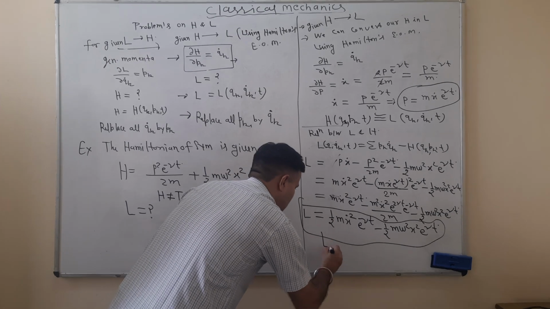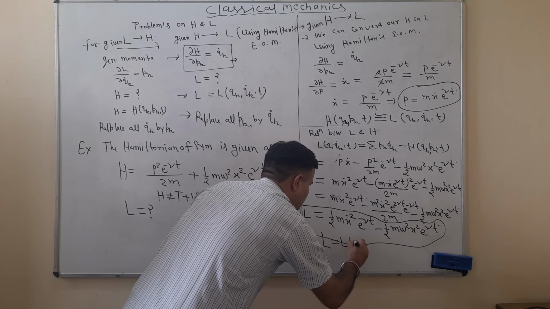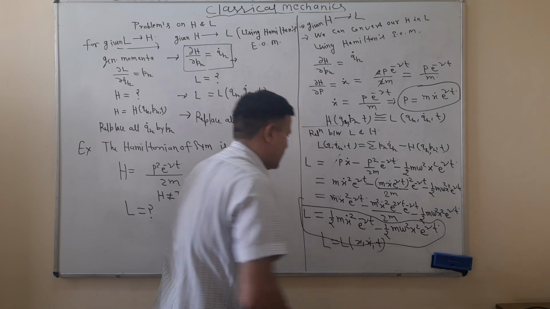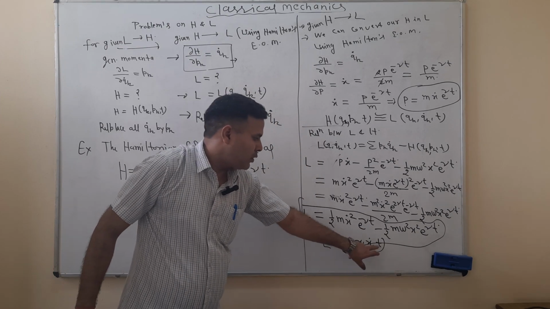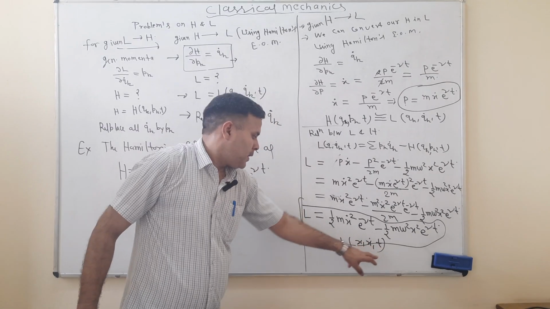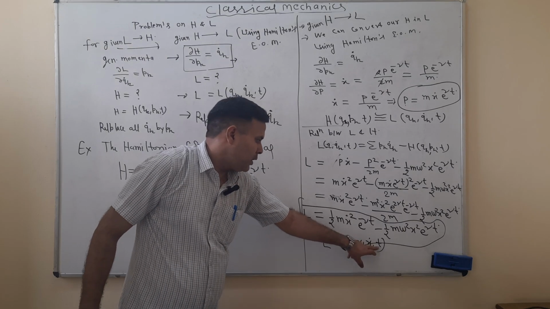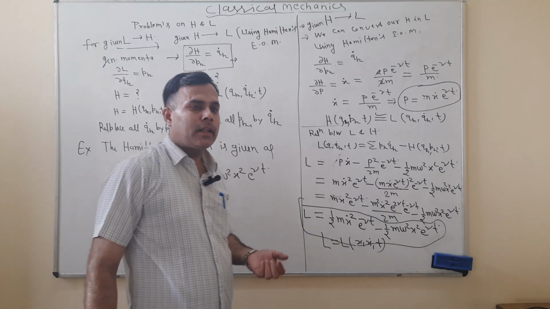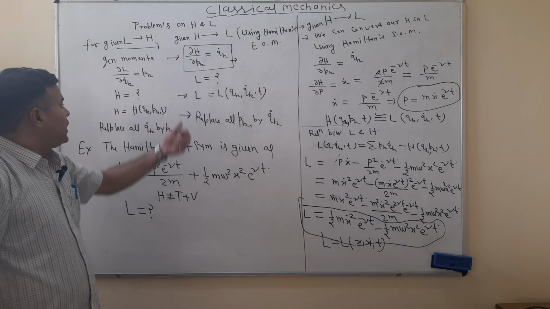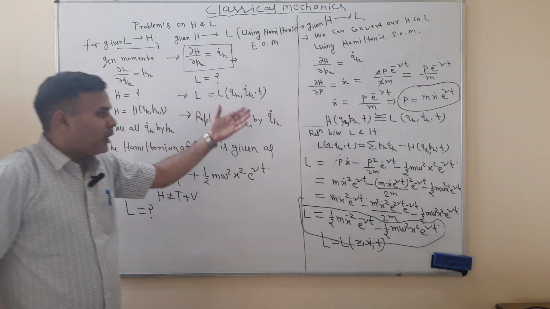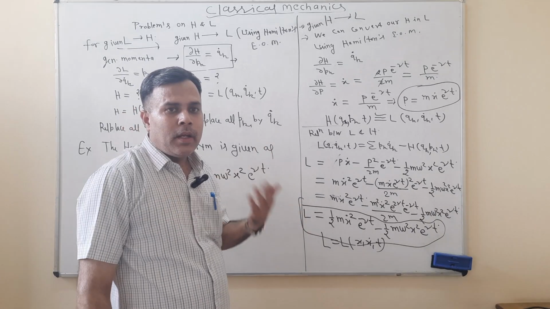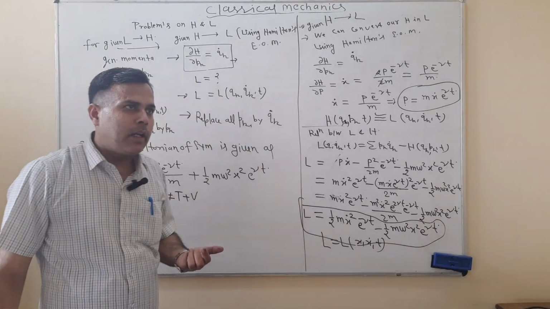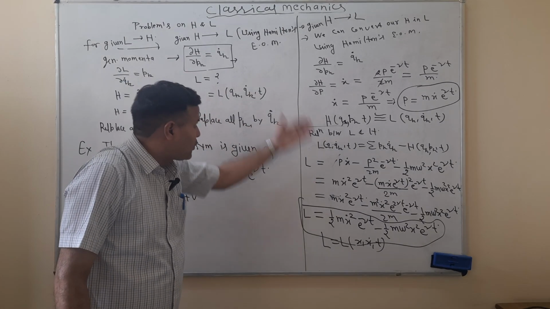So with this we can conclude our L is only a function of ẋ, x and t: generalized coordinate, generalized velocity and time. So now this is the correct expression of the Lagrangian corresponding to this Hamiltonian, and this is the way to find the expression of the Lagrangian, whether it is time dependent or time independent. This is the same procedure.